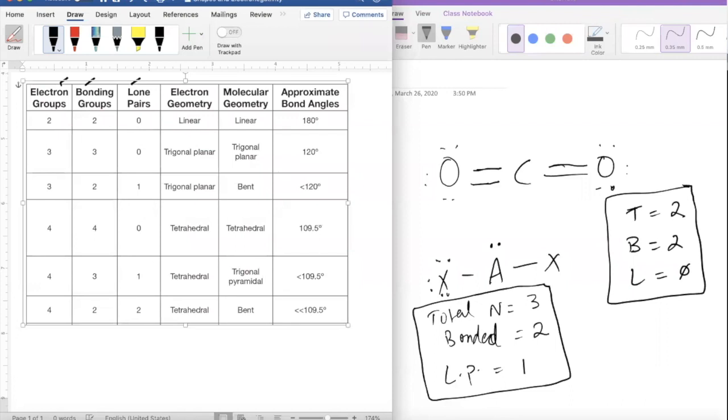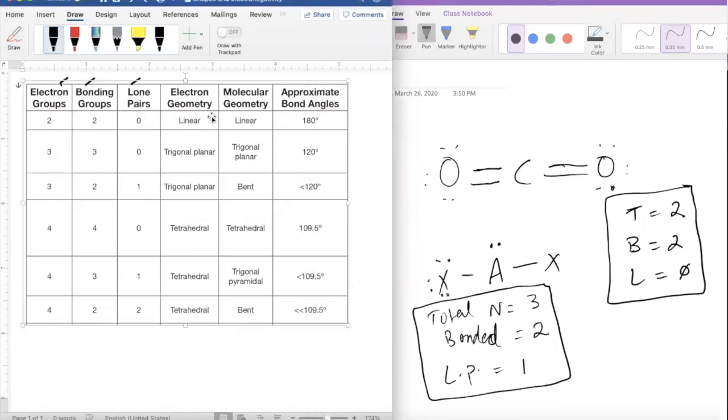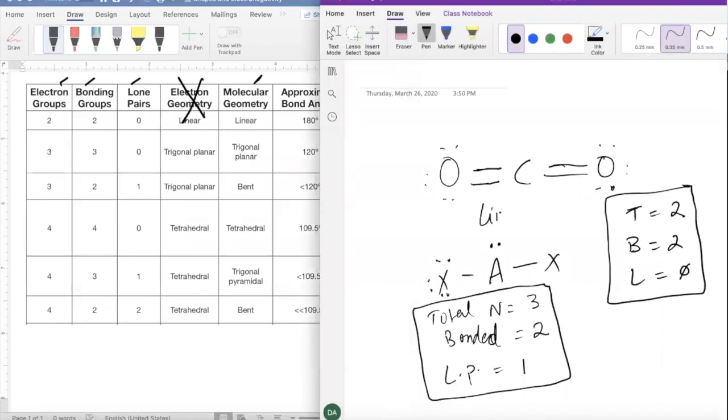You see we have 220 for CO2. So 220 for CO2 means what is the shape going to be? Linear. And electron geometry is not what you care about. You care about molecular geometry. So my answer is that this molecule is linear.